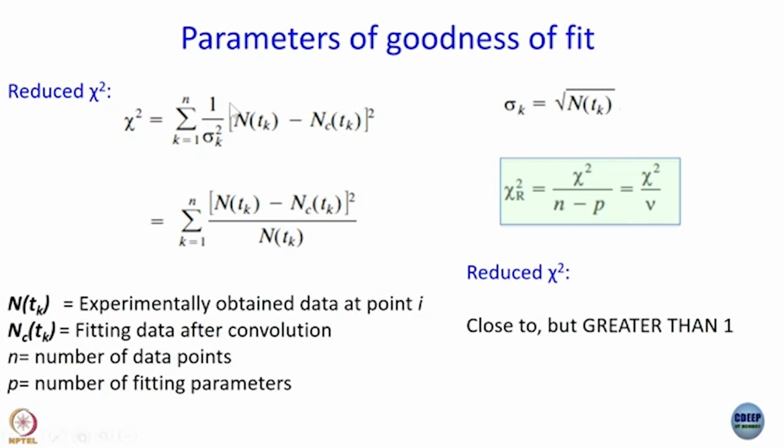Moreover, when you work out reduced chi square, the denominator is not exactly n, but n minus p. The numerator is close to n, right? So, the numerator should be a little more than the denominator here also, because p we can neglect as a first approximation, but actually we cannot. 1000 minus 3 is not 1000, it is 997.